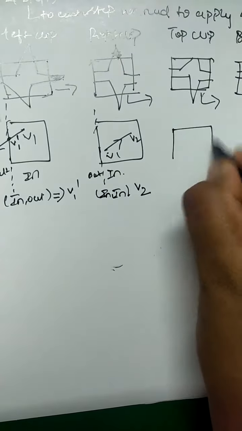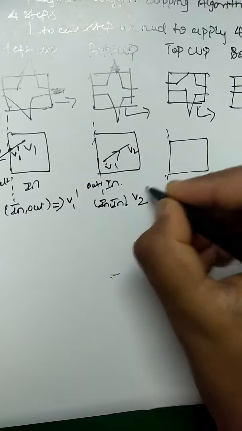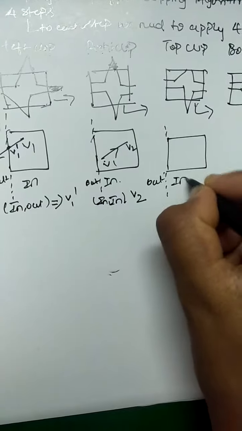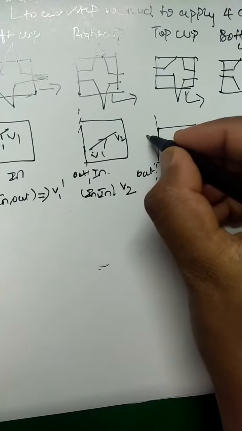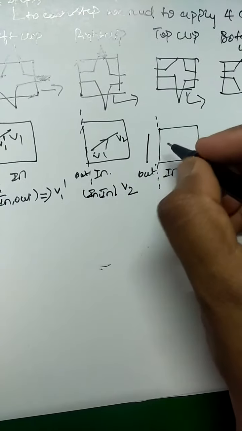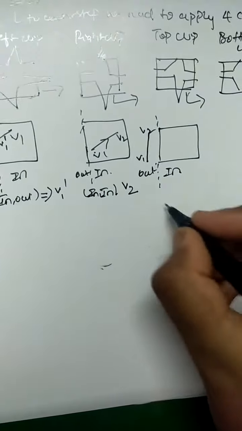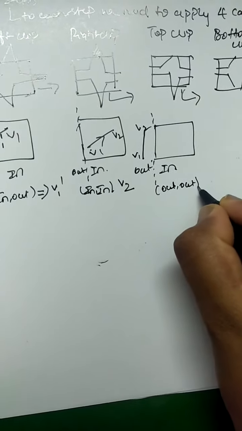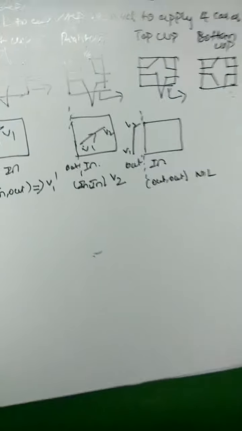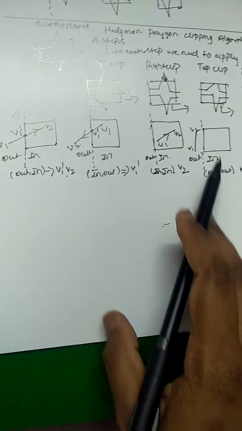Let's consider the last case, wherein this is the out region and in region of the window, and the line is falling here, V1 and V2, from out to out. So we won't be saving or considering any vertices here.